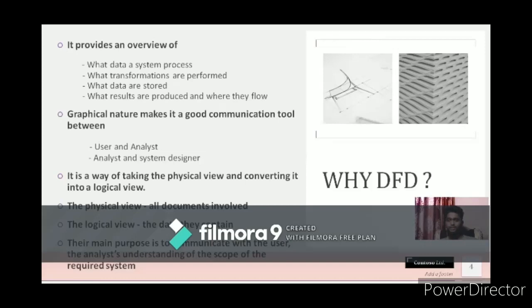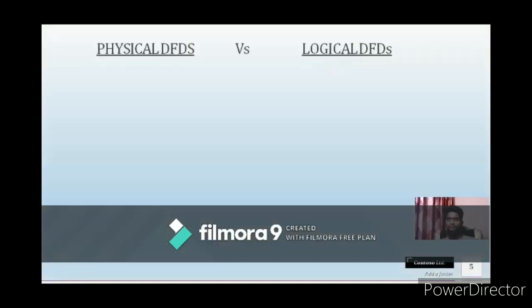Their main purpose is to communicate with the user and the analyst, and to understand the scope of the required system. Whenever we take a system, we have to understand its purpose and scope, so we implement this DFD technique, the data flow diagram technique, to identify the purpose, do the analysis, and get a better understanding.